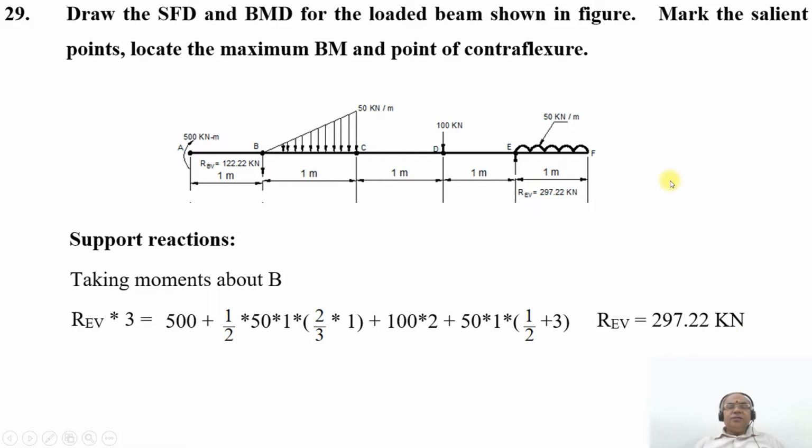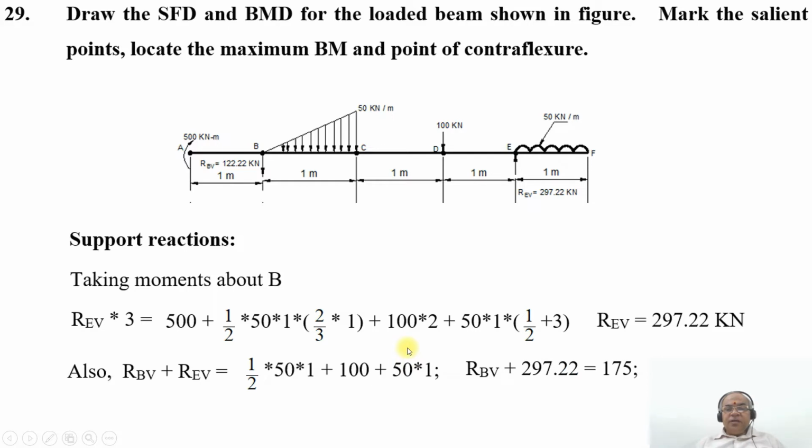Then we need to find the support reaction RBV. The sum of the vertical reactions acting upwards will be equal to the sum of the loads acting downwards. So RBV plus REV will be equal to half into 50 into 1 plus 100 plus 50 into 1, so RBV plus 297.22 equals 175.